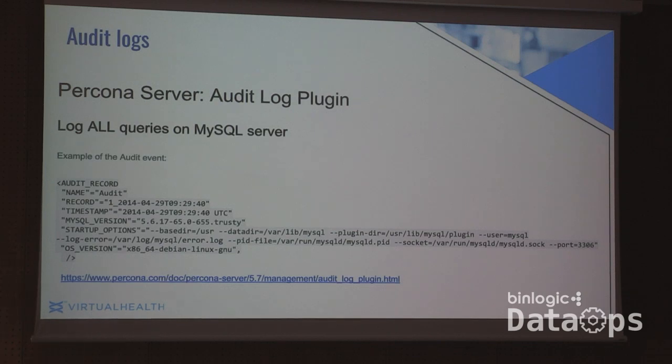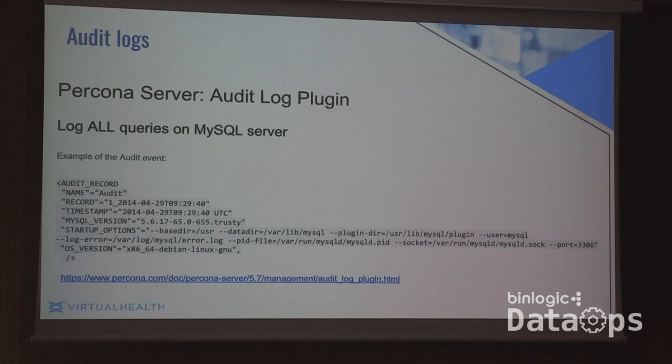So if you enable that, it will generate lots of rows in it. You probably will not be able to store it on the same set of disks. If you have a lot of traffic, then it will grow very fast. What we did is we copy those files over, offload them, put them in a log rotation system, and then we store some amount of that on the server, and we store everything else on a different system.